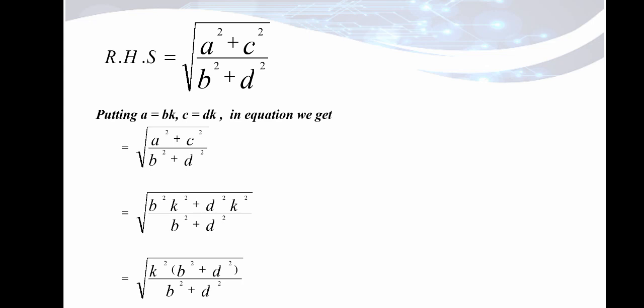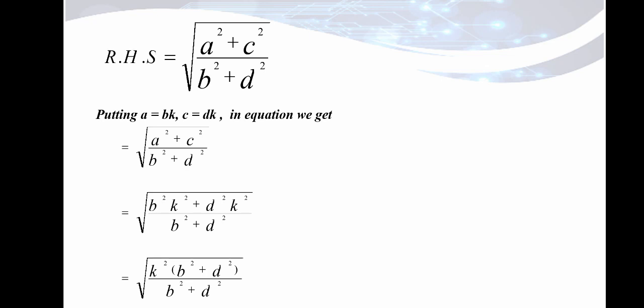So instead of A, we will write (BK) whole square, and when we take the square of that, it will become B square K square. Then instead of C, we will write (DK) whole square. It will become D square K square over B square plus D square, which will remain the same. Now you can see in the numerator K square is common.